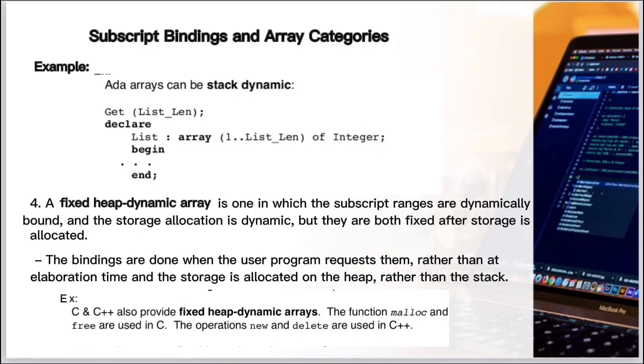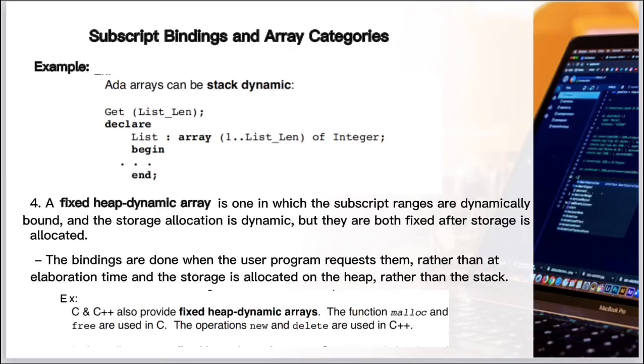Example is shown below. The user inputs the number of desired elements for array list. The elements are then dynamically allocated when execution reaches the declare block. When execution reaches the end of the block, the array is deallocated.